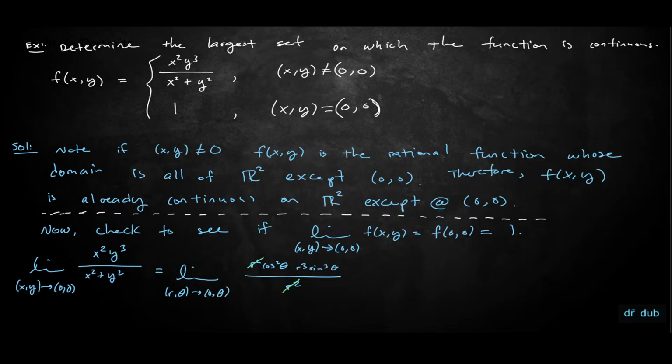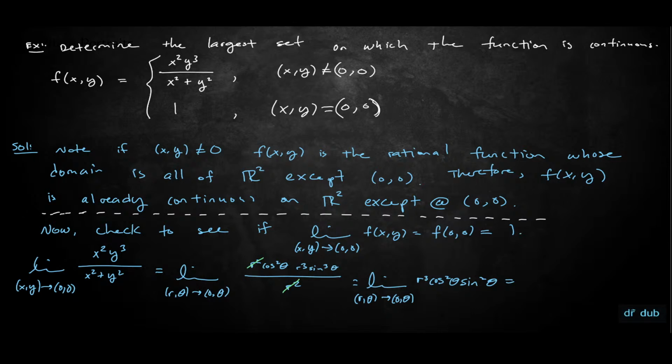And that's going to leave us with the limit as r goes to 0 of r cubed cosine squared theta sine squared theta, which is a continuous function. Whoops, it's not just r goes to 0, it's (r, theta) goes to (0, theta).